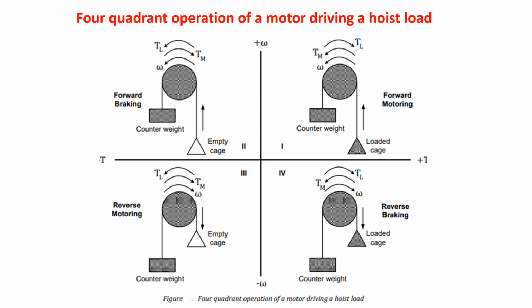In the case of quadrant 4, if you consider the loaded gauge lowered, that is pulling down. This is upward movement of the loaded gauge, this is downward movement of the loaded gauge, which is lowered. Here, the weight of the loaded gauge is higher than the counterweight of the rope, so it easily comes down due to its gravity itself.